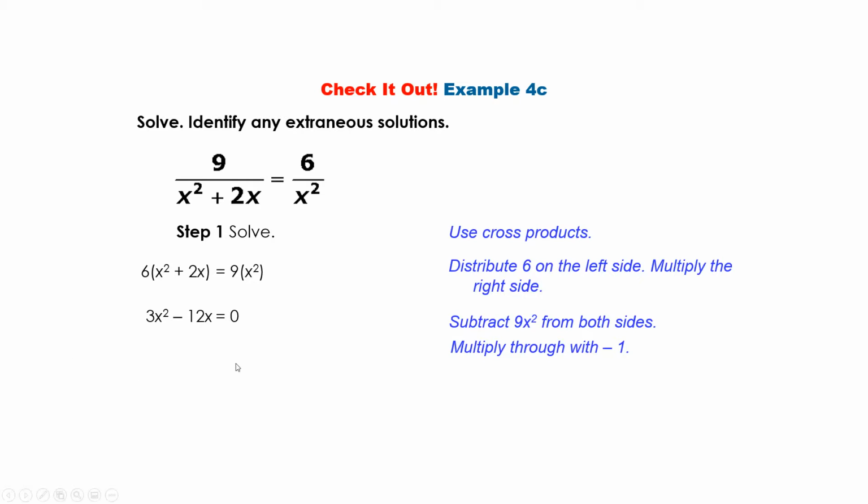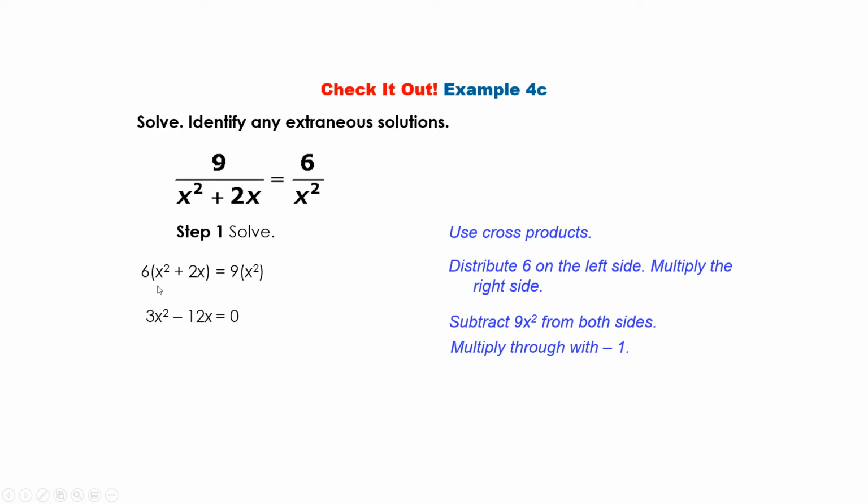Because this is 9x squared, we subtract both sides by 9x squared. Here, 6 times x squared is 6x squared. Remember that we have to subtract both sides by 9x squared. Therefore, 6x squared minus 9x squared is negative 3x squared.